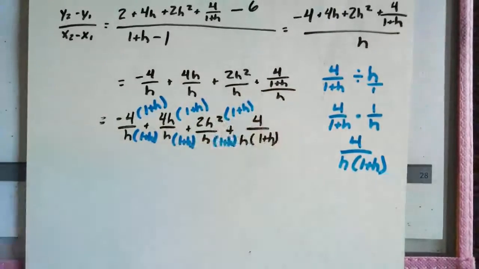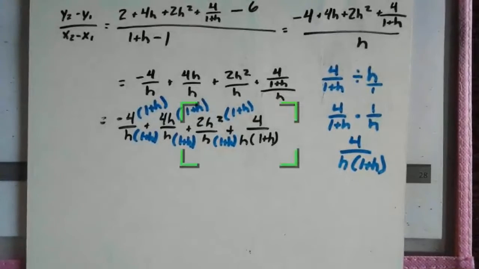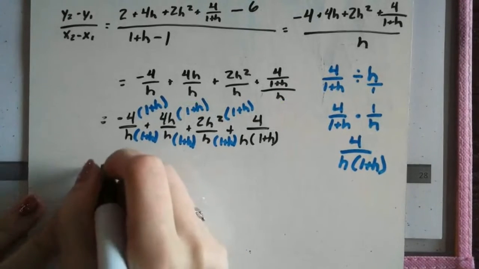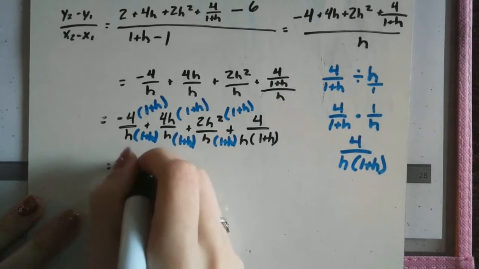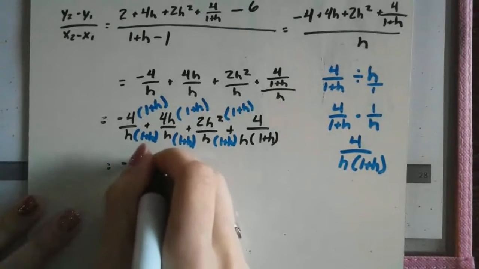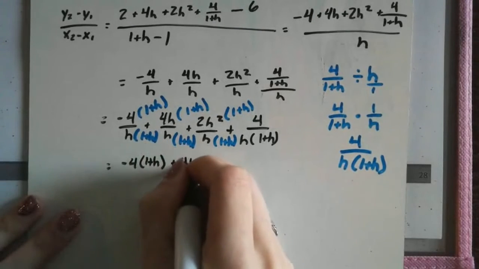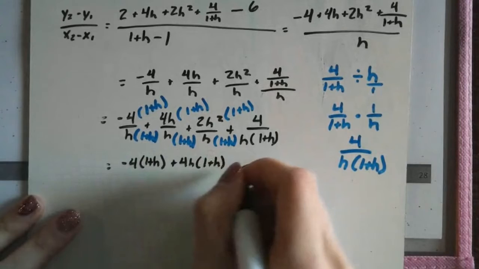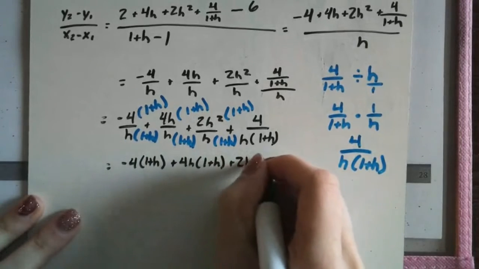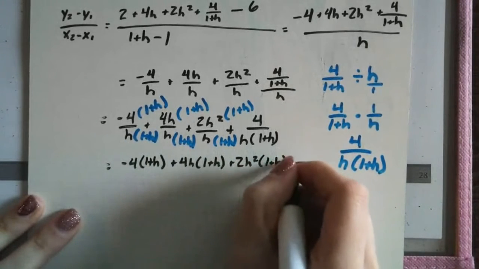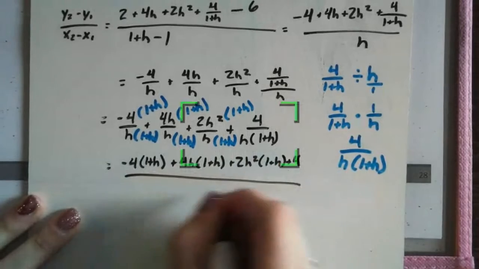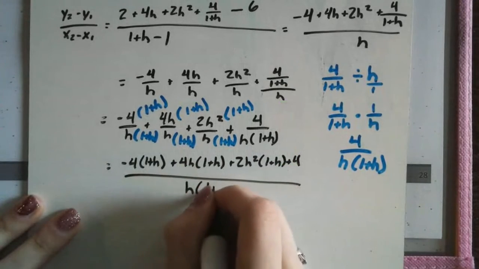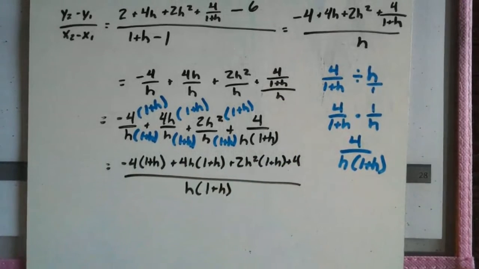If I do that, then I'm looking at -4 times 1 plus h plus 4h times 1 plus h plus 2h squared times 1 plus h plus 4, all over that common denominator of h times 1 plus h.